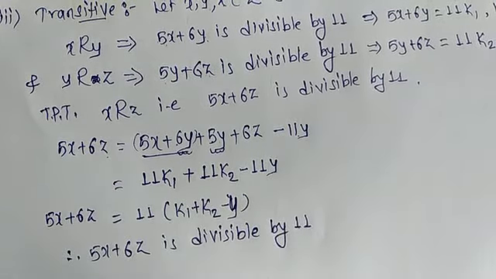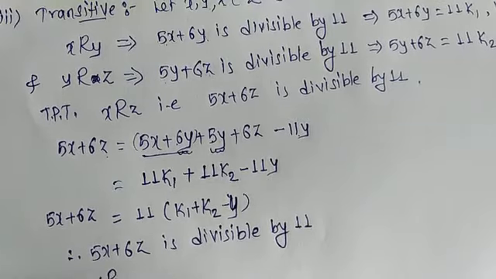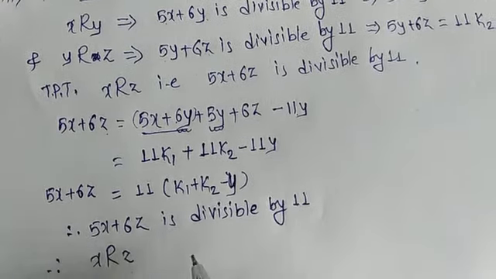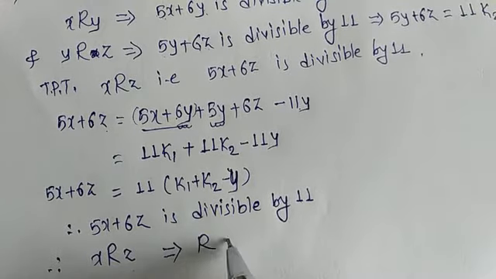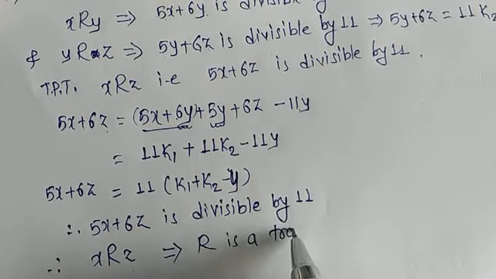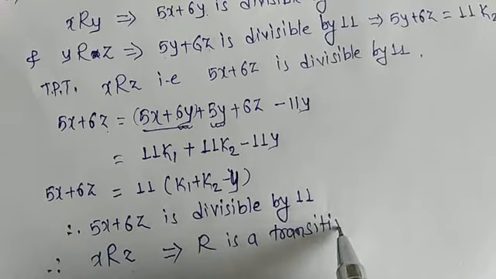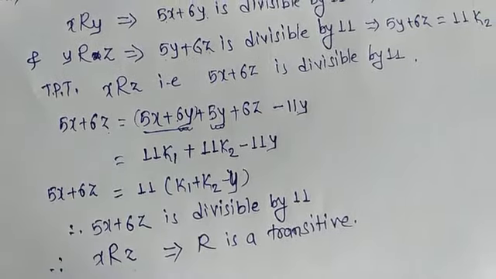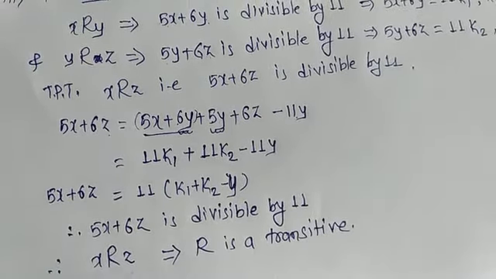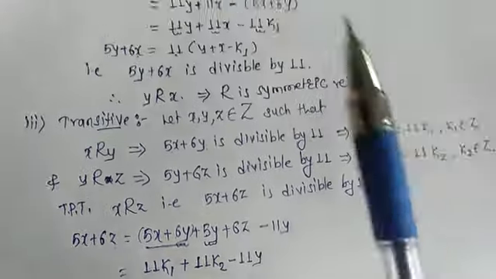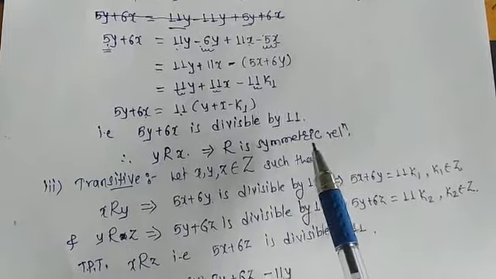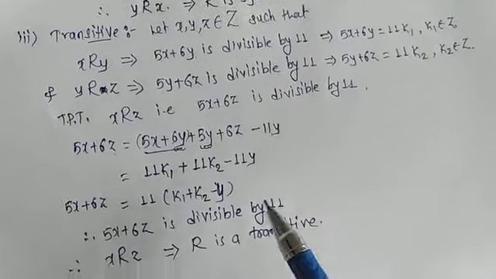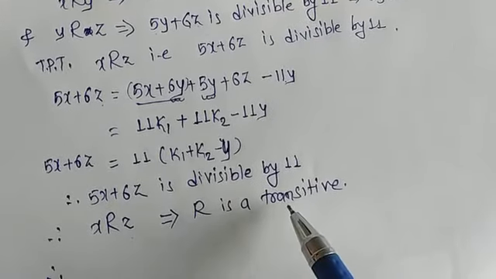Therefore x is related to z, which implies that R is a transitive relation. As we have proved that R is a reflexive relation, after that we have proved that R is a symmetric relation, and after that we have proved that R is a transitive relation.